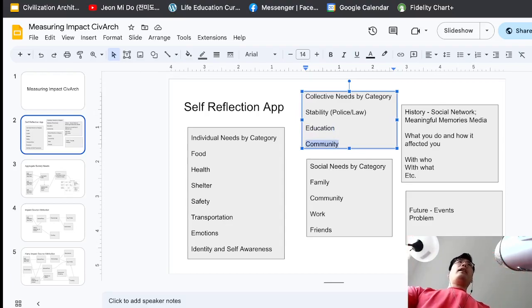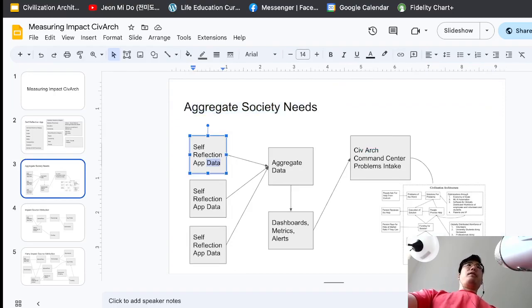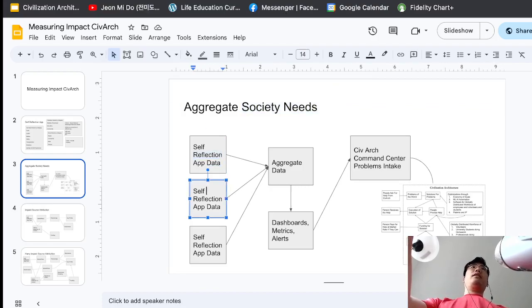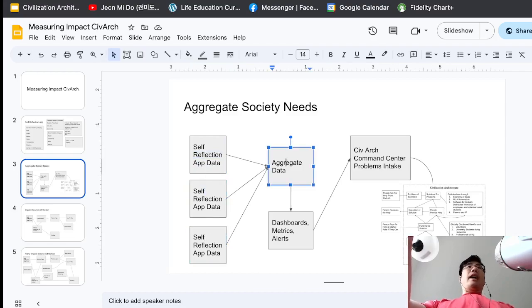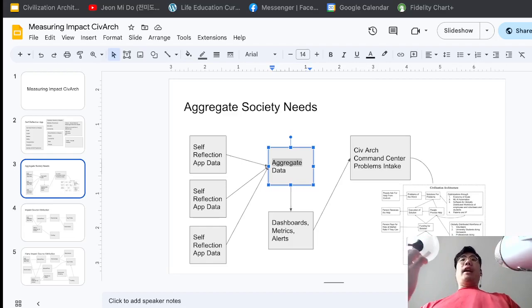So the way that this self-reflection app will be used is by aggregating all of people's inputs to get the view on society's needs at large. So this app will collect individual level data and then aggregate it so that we can search by location, by age, by background.